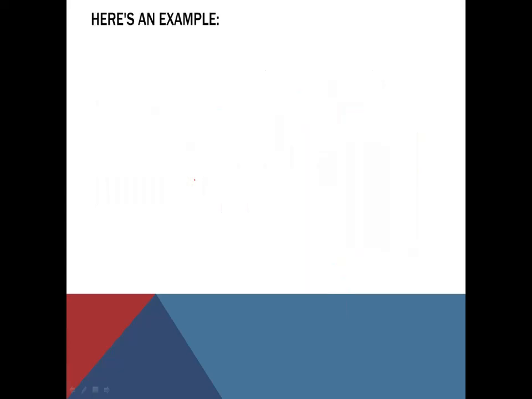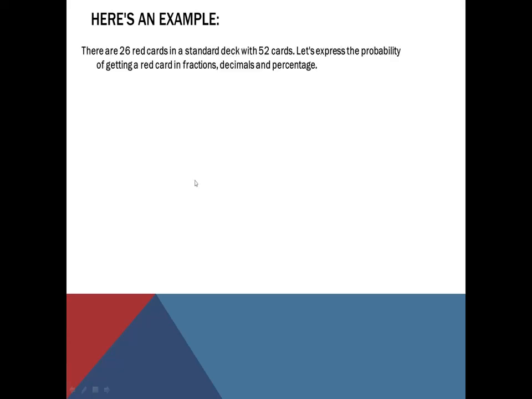Okay, let's continue. Last time we also learned that we can express our probabilities in three different ways. Here is an example. Let's say that there are 26 red cards in a standard deck with 52 cards. Let's express the probability of getting a red card in fraction, decimal, and percentage.